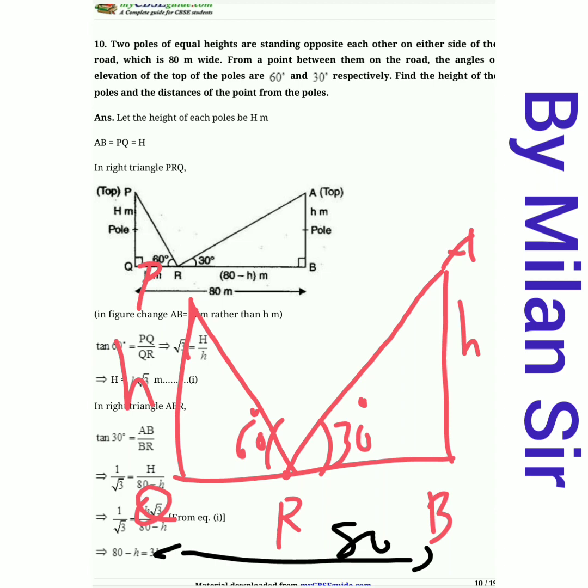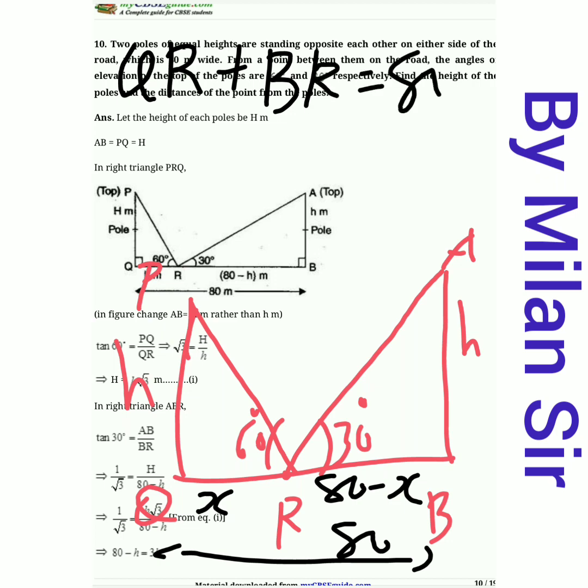So if I assume my QR is equal to X, then BR is equal to 80 minus X, because QR plus BR is equal to 80, total 80 meter wide, right?